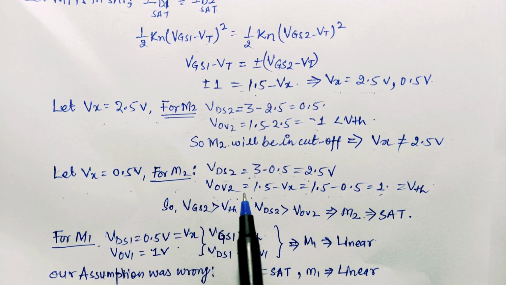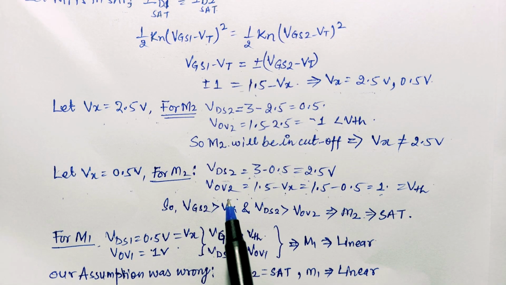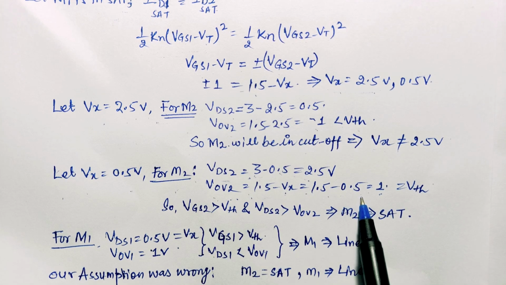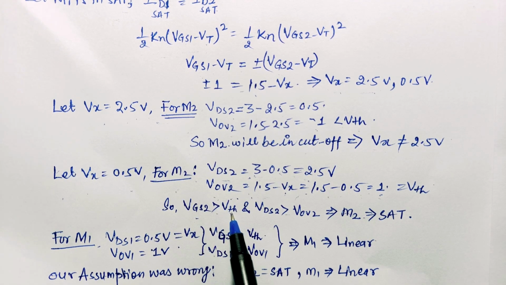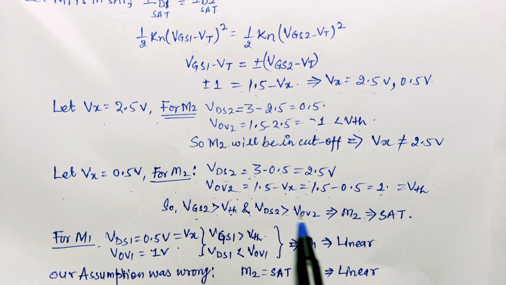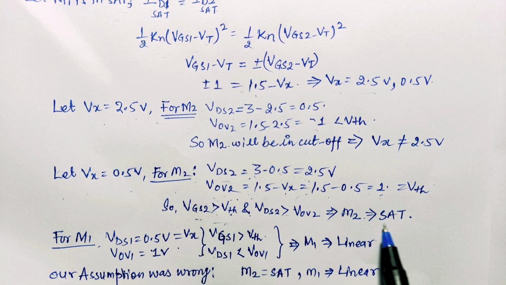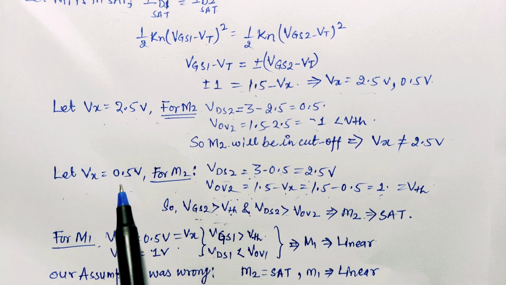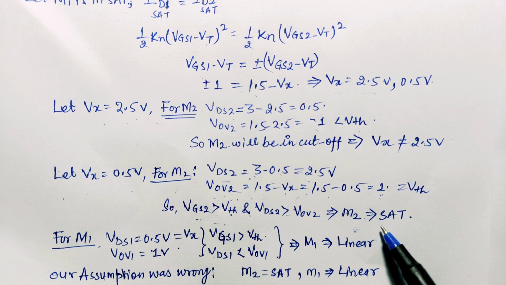If we calculate the overdrive voltage, that was 1.5 minus Vx, as calculated above, then the overdrive voltage will be equal to 1.5 minus 0.5, which is 1 volt. So we can see that our VGS2 voltage is greater than VTH voltage and drain to source voltage is greater than overdrive voltage. So this is the perfect condition for our transistor to work in saturation region. If we assume Vx is 0.5 volt, then transistor 2 will work in saturation region. So this condition matches our previously assumed condition that M2 is in saturation region.